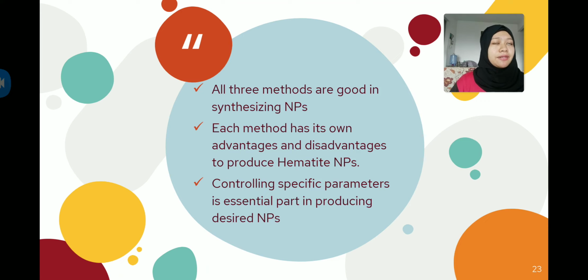At a high reaction temperature, we will produce a small particle size, and at a high reaction temperature with a high precursor concentration, we will produce a larger particle size.